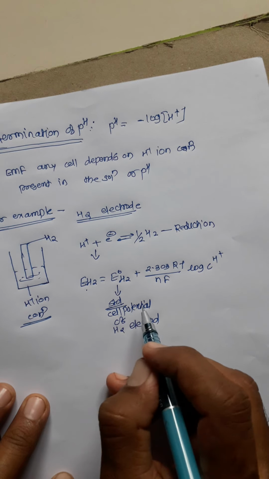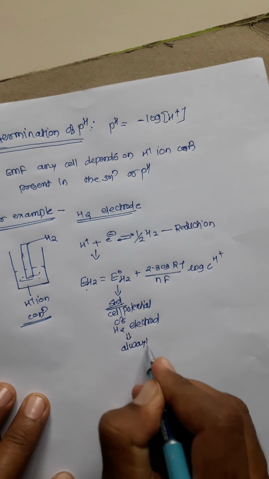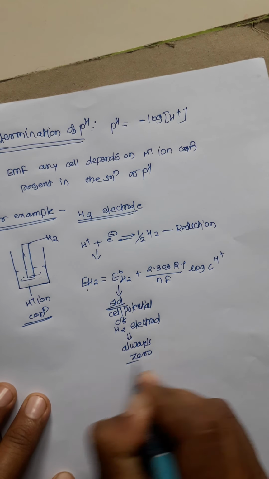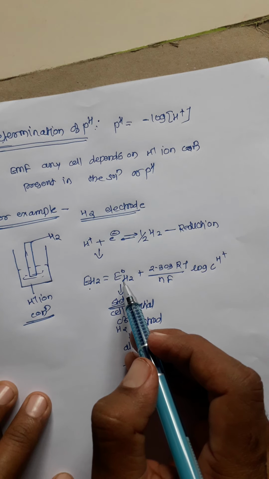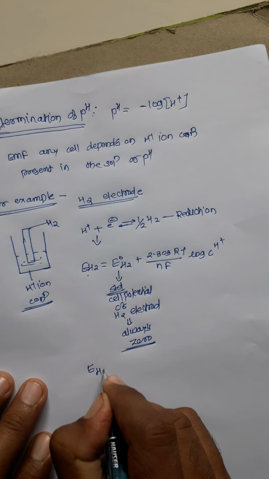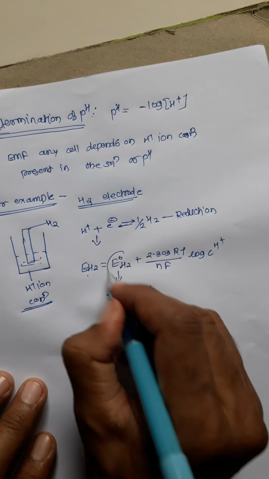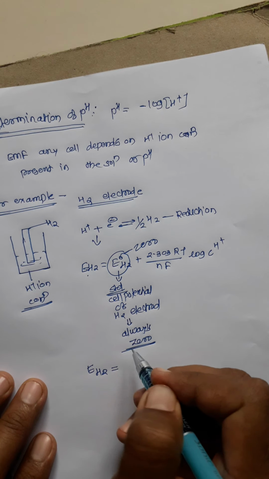The standard cell potential of the hydrogen electrode is always zero. The standard hydrogen potential value is always 0. Then what is the equation? E0 H2 is 0, because the standard cell potential of the hydrogen electrode is always 0.